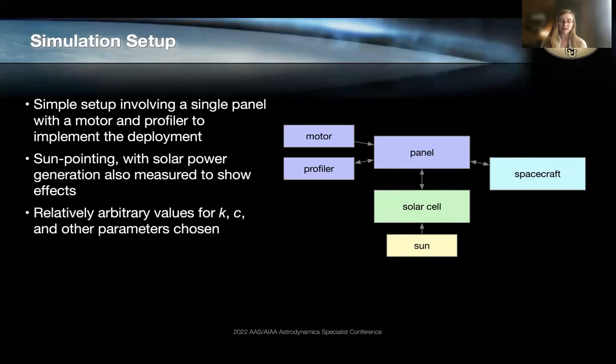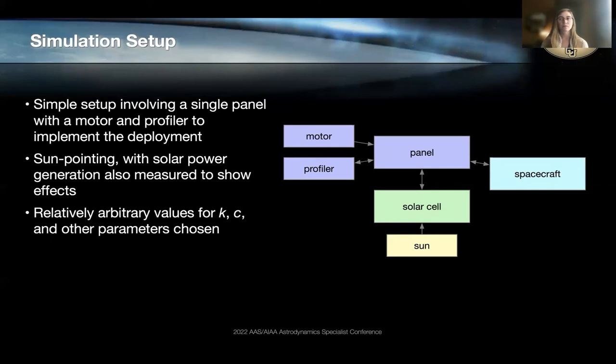I have it set up so that the panel is lying flat against the hub's side in the beginning and then deploying out fully to a fully deployed angle. And then because I have the spacecraft pointing at the sun, as it deploys, you see a power increase, just to show how these sorts of small changes in the code, just having the panel read in its state from the structural panel, lets you show these complicated behaviors.